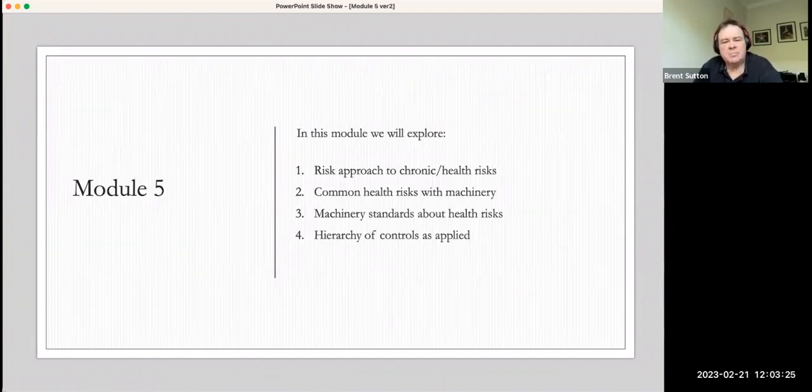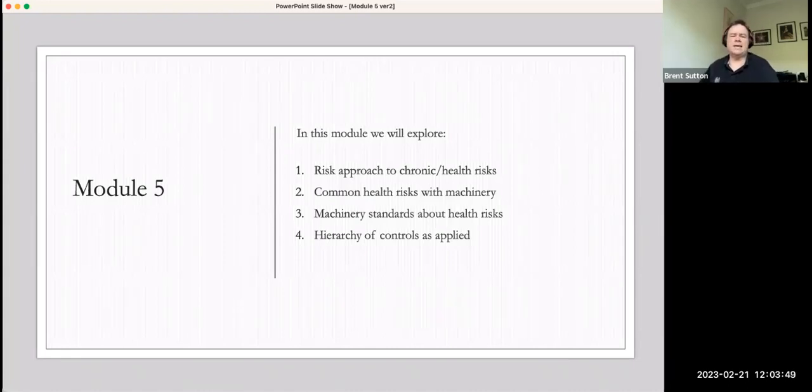We will explore some of the more common health-based risks with machinery, and understand how that relates to the machinery safety standards. More importantly, we'll have a real good conversation about how the hierarchy of controls could be applied around managing the health risks with machinery.